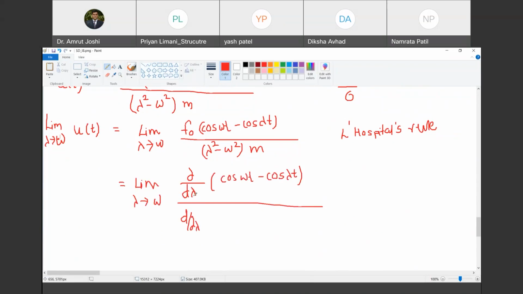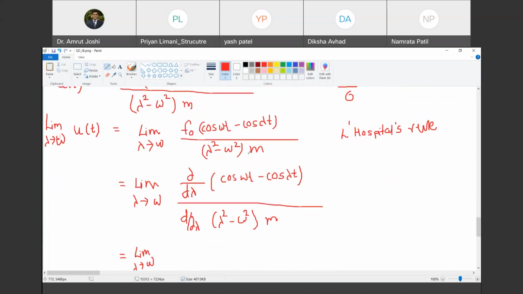Limit t is not tending to 0. Lambda is tending to omega. So lambda minus omega is tending to 0. Are you with me? So therefore we have to take differentiation with reference to lambda. So d by d lambda of lambda square minus omega square times m. So can you now tell me what is the differentiation of numerator?